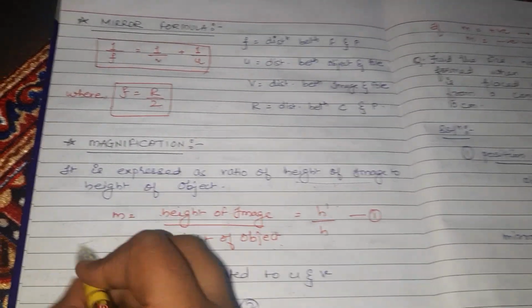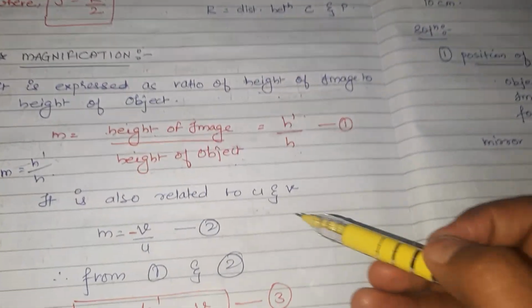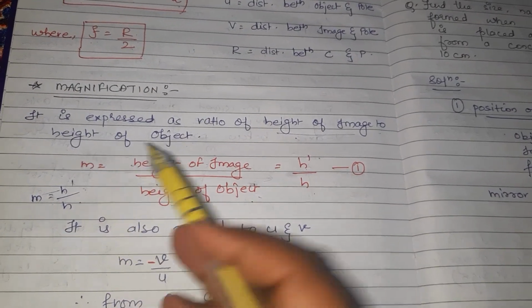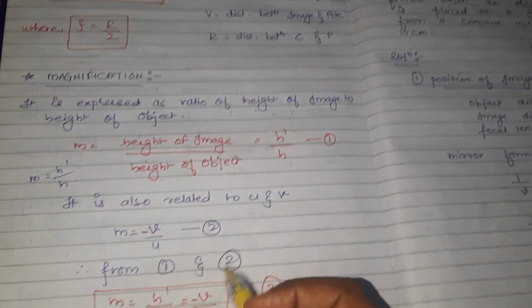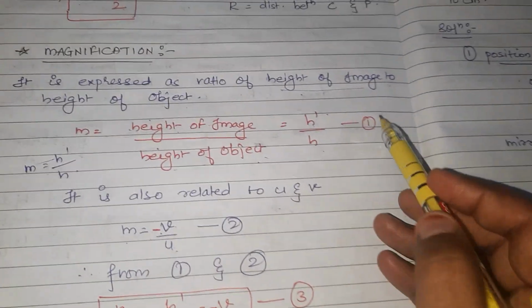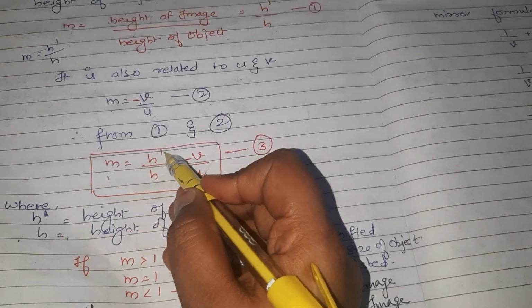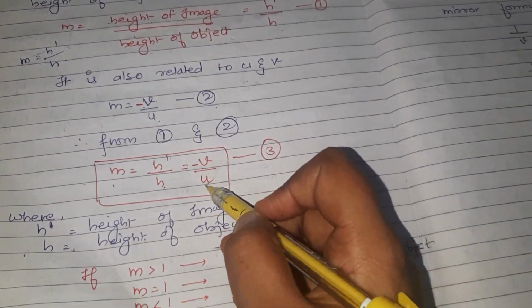So here m is equal to h dash upon h. Also we can relate this magnification formula to the image distance and object distance, which is given by m is equal to minus v upon u. So from equation 1 and 2, what we will get? M is equal to h dash upon h is equal to minus v upon u.